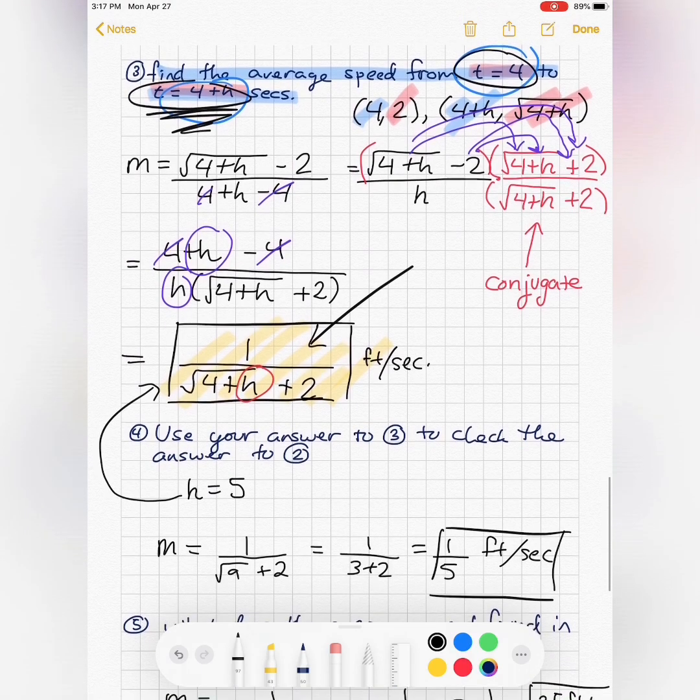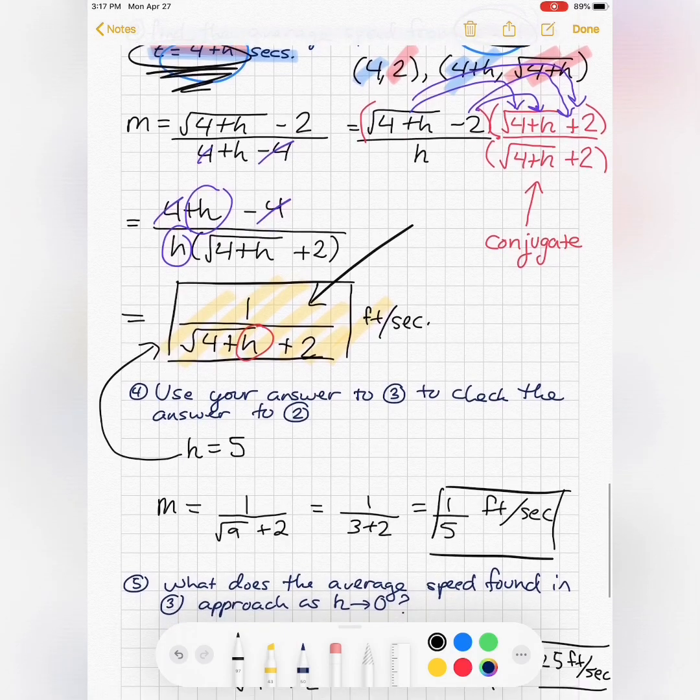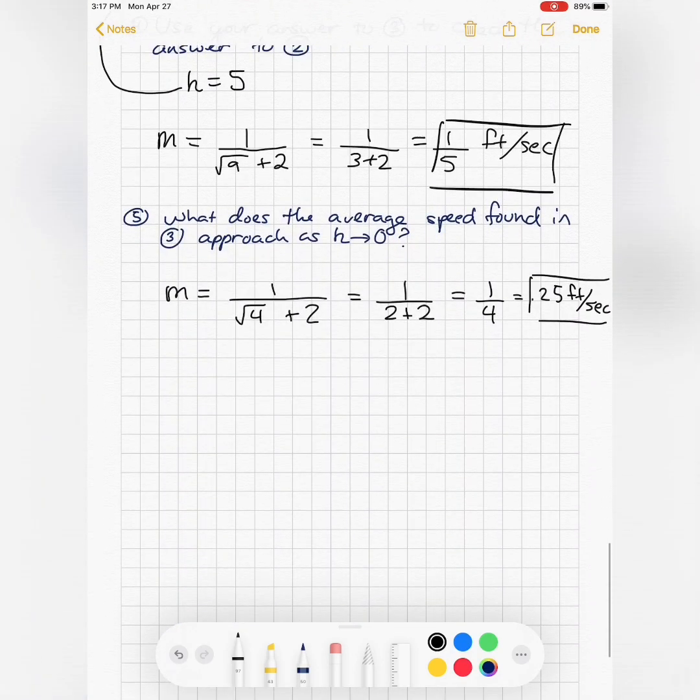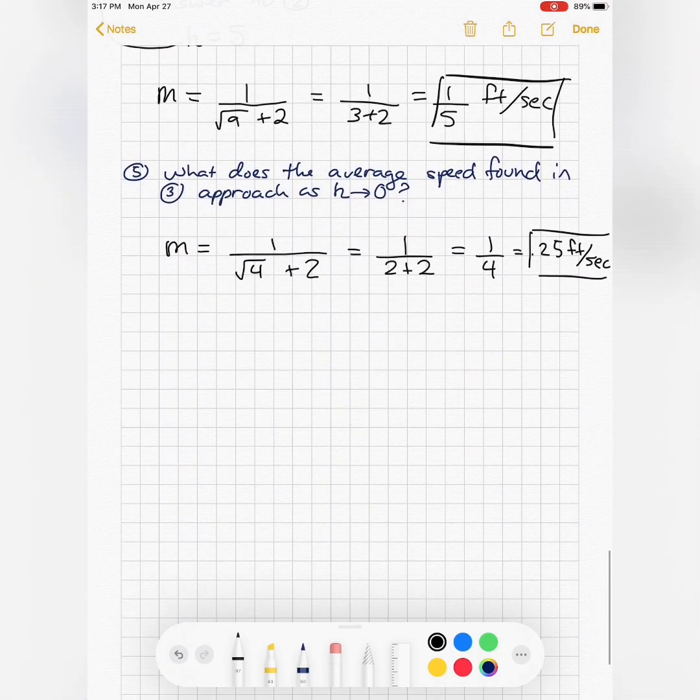So wouldn't I actually just be looking at the instantaneous speed at t equals 4 seconds? So what does this represent? This would be the instantaneous, not the average. This would actually be the instantaneous speed at t equals 4 seconds. So that's kind of cool.